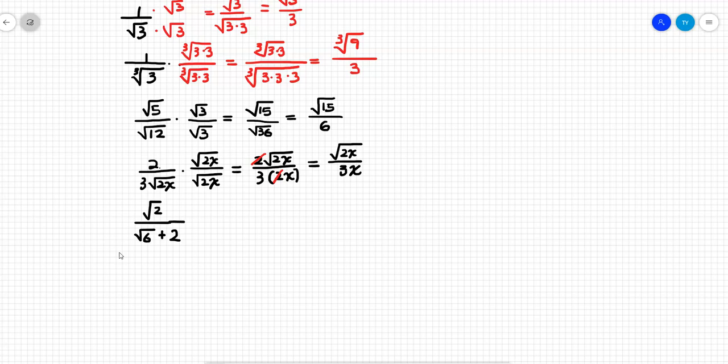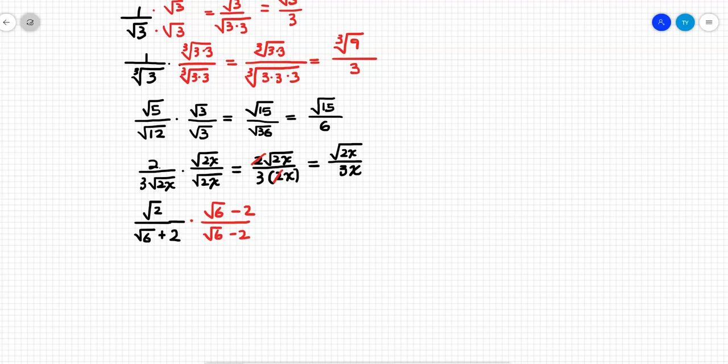Well, we are going to multiply top and bottom by what we call the conjugate. That means we multiply the same two terms, but with the opposite sign. So we multiply by square root of 6 minus 2, top and bottom.